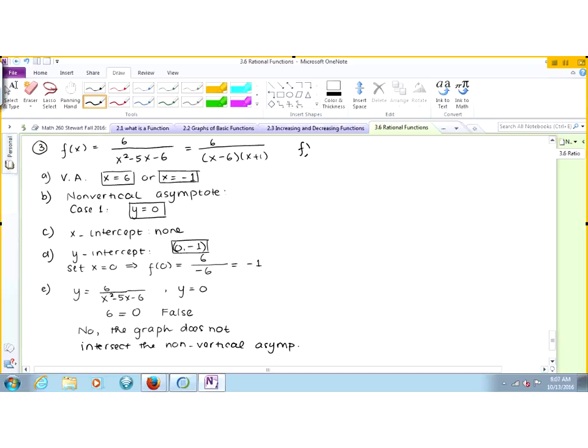All right. Now, F, let's graph it. So you did this already. They're not evenly spaced.